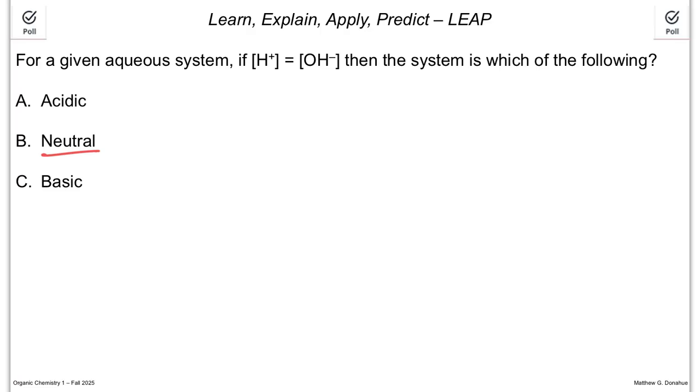Using that 0 to 14, that would equate to a pH of 7. If you have more acid, more proton than hydroxide, then the system is what?